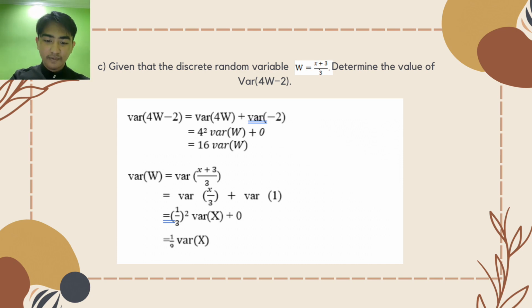Next, the question gives us that W is (X plus 3) over 3, so we put in the variance of (X plus 3) over 3.